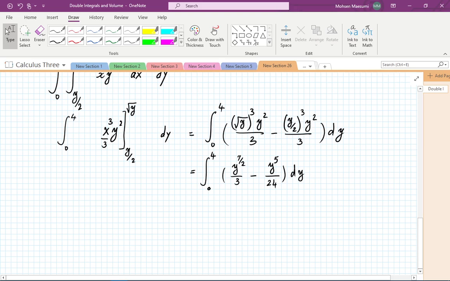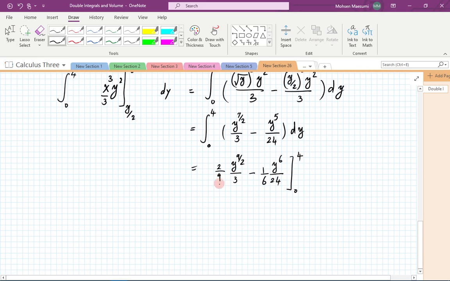In calculus 1, we integrate this thing. This becomes y to the power of 9 halves. Of course, I have to multiply by 2/9 to compensate, and divide by 3. And then here I'll have y to the power of 6, and then I have to compensate by dividing by 6, and I had a factor of 24, and all of this from 0 to 4.